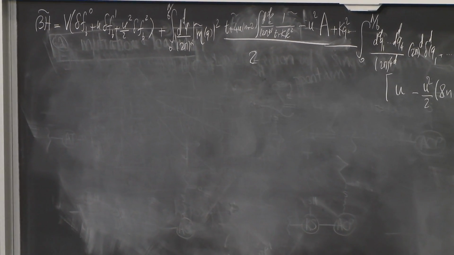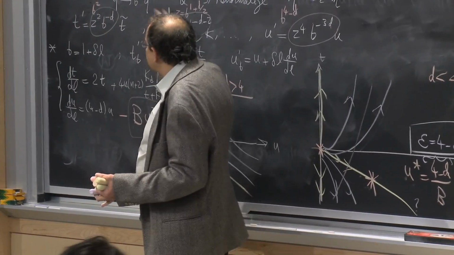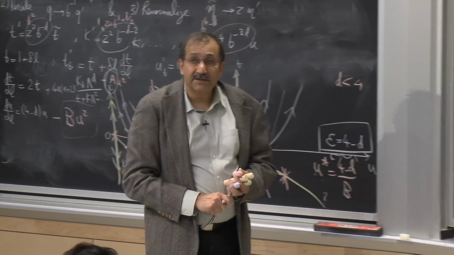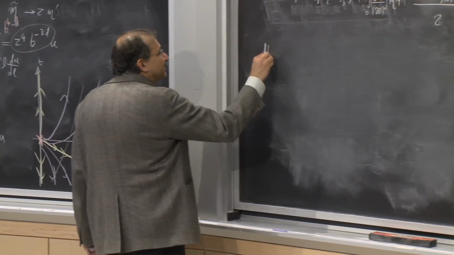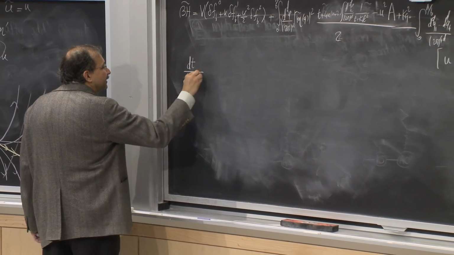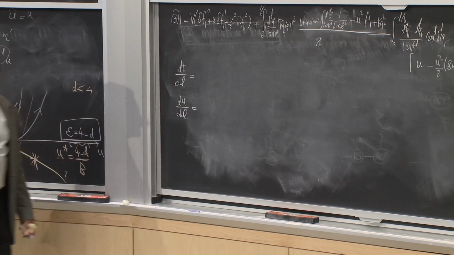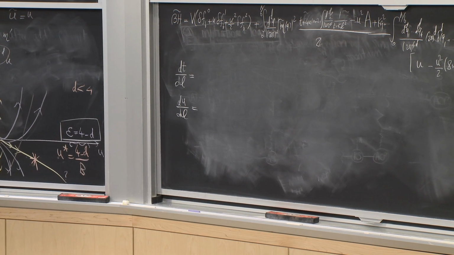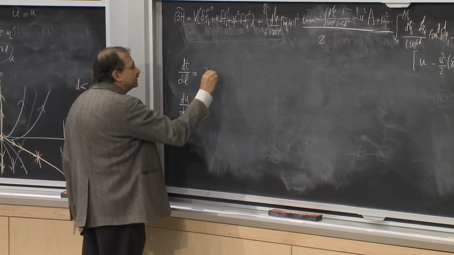Okay? So this was, again, the coarse graining step of RG, which is the hard part. The rescaling and renormalization are simple. And what they give me at the end of the day are the modifications to dt by dl and du by dl that we expected. dt by dl, we already wrote. 0th order is 2t.